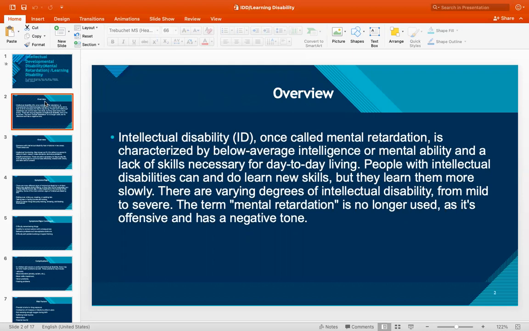Basically, we're talking about individuals that are dealing with a below average intellect for the most part. So their IQ probably is less than what we consider to be right on target for being in a quote unquote normal range, or the mental ability or the lack of skills to do necessary day-to-day activities.